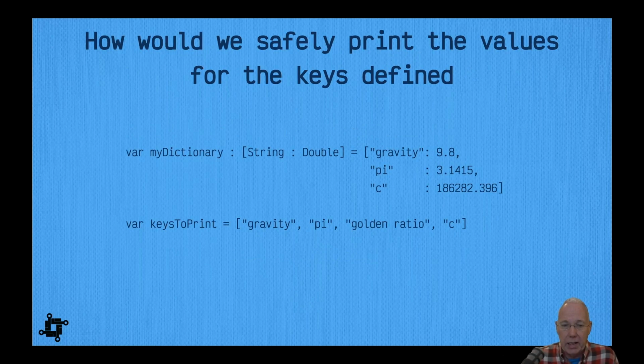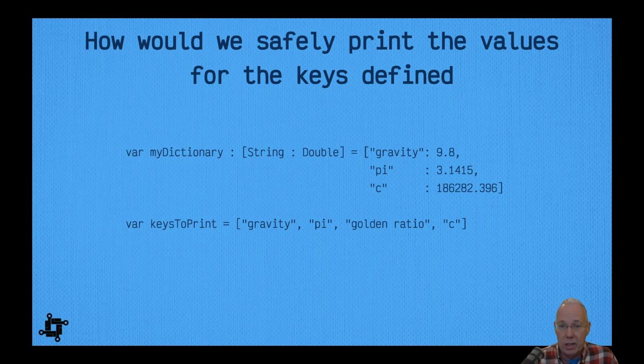So let's look at that in this way. If we have my dictionary, which we just had, and then here's the keys to print, which is just an array of these 4 strings. And we know that gravity, pi, and c should succeed, but we know that golden ratio will not. So if the challenge was, how would you write code after this? You're going to keep this, but what would you write here to print all of the successful references from the key value pairs from the dictionary?